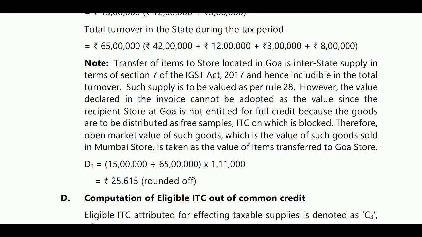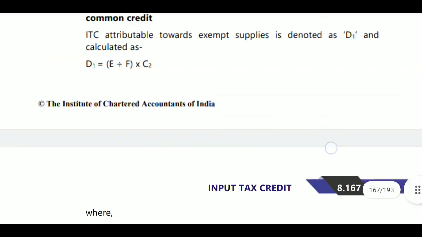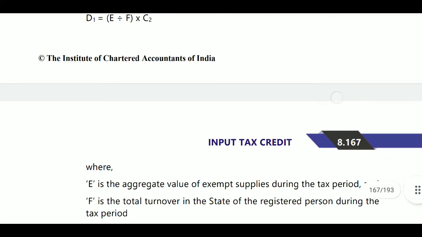However, the value declared in the invoice cannot be adopted as the value, since the recipient store at Goa is not entitled to full credit because the credit is blocked on free samples. Therefore the open market value of such goods will be considered for the Mumbai store. So 15 lakhs divided by 65 lakhs into 11,000 will be 25,615. This amount will be attributable to exempted supplies.